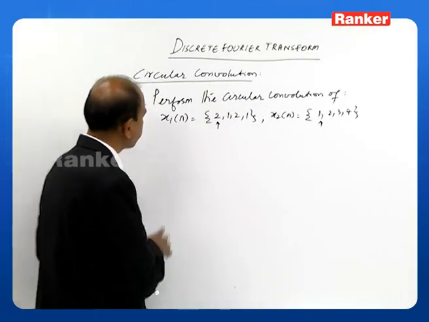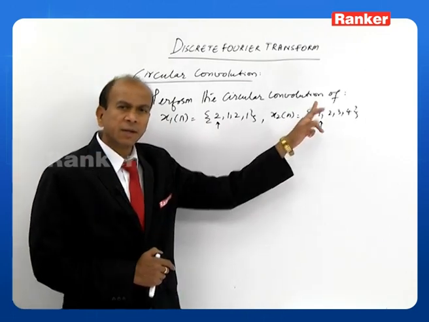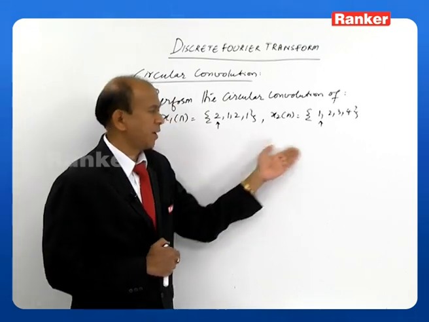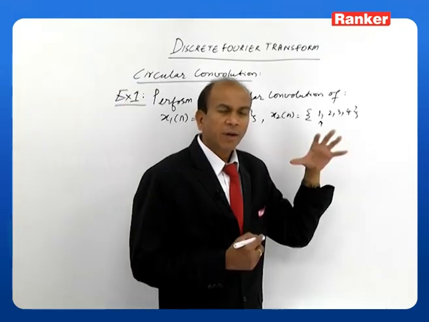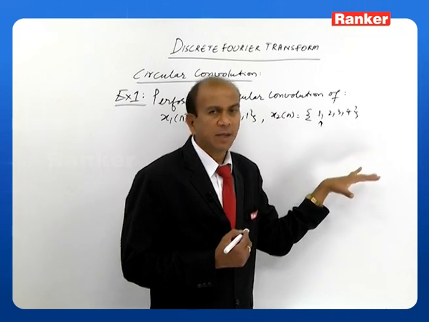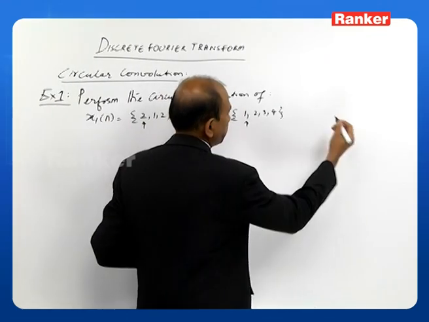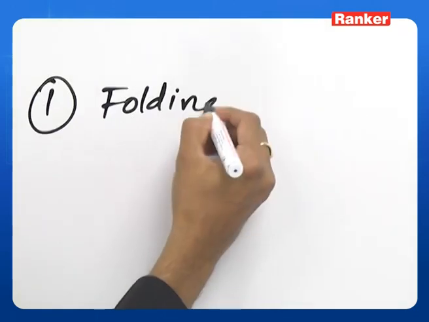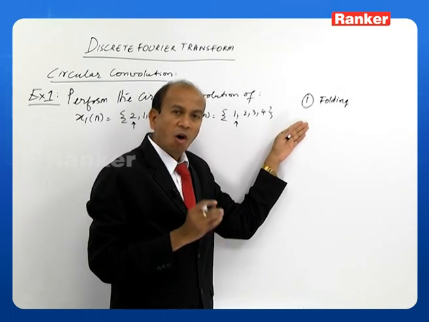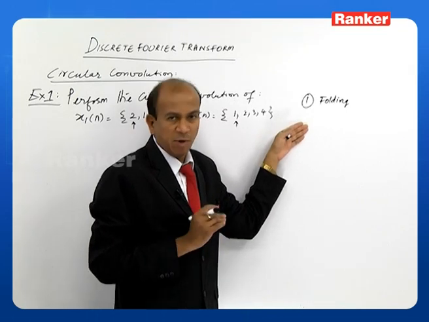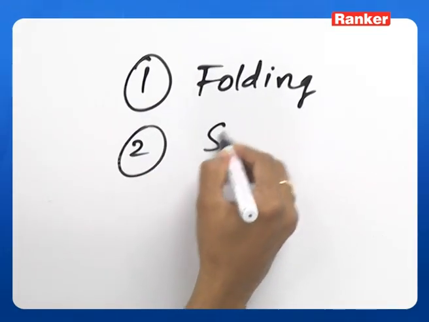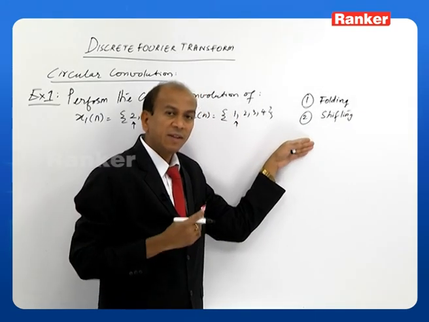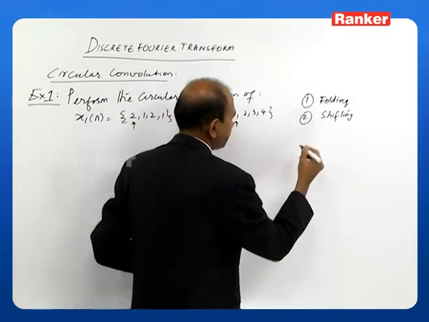See one example. We have to perform the circular convolution for the given sequences x1 of n and x2 of n. So, what are the steps to be followed in calculating circular convolution? First is folding, also called time reversing. Second is shifting the folded sequence.